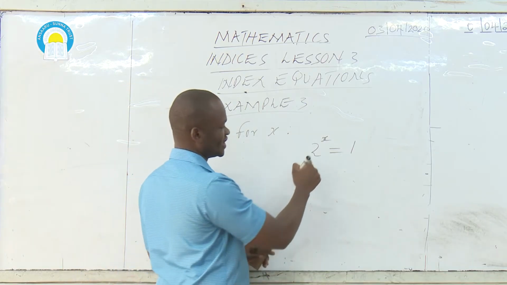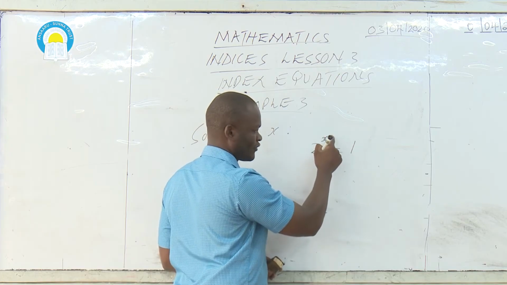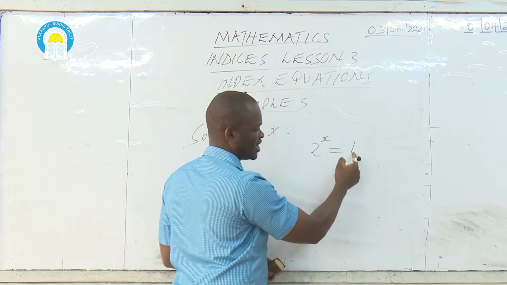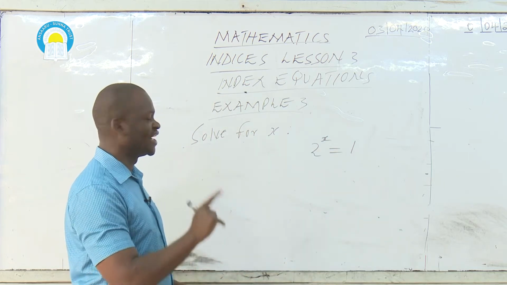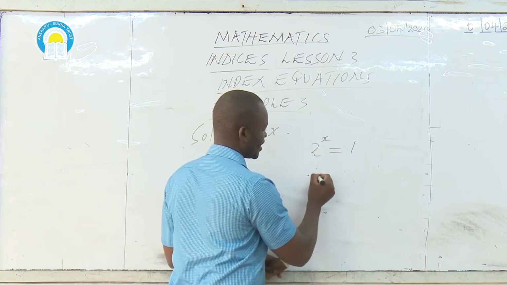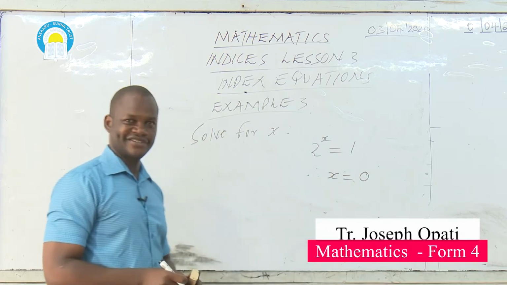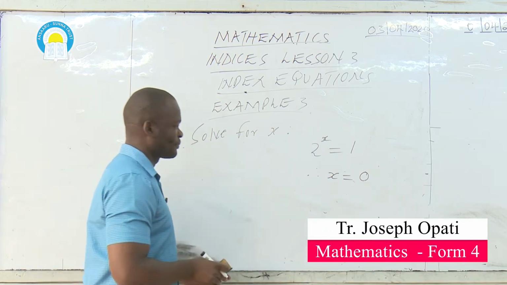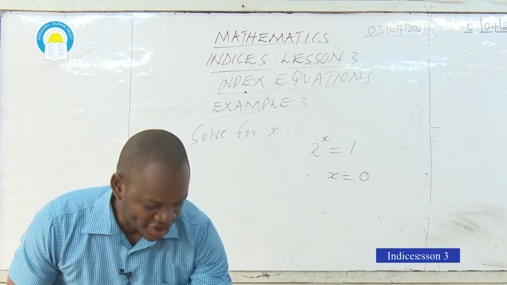Whenever we have 2 power a number and you get 1, obviously the number should be 0, because any number raised to power 0 gives you 1. So you just say, therefore, x is equal to 0. So again, we have seen the third form of that index equation.